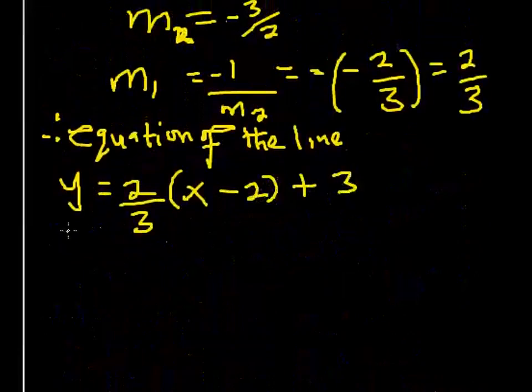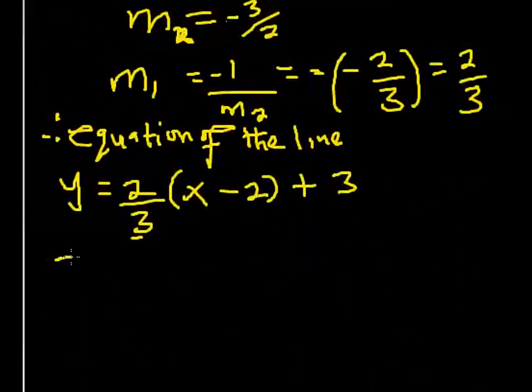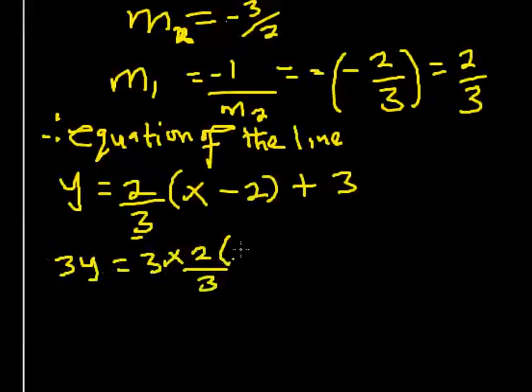Now I want to eliminate the fraction. I multiply everything by the LCM, which is 3. So that's going to be 3y equal to 3 times 2 all over 3, x minus 2, then plus whatever.